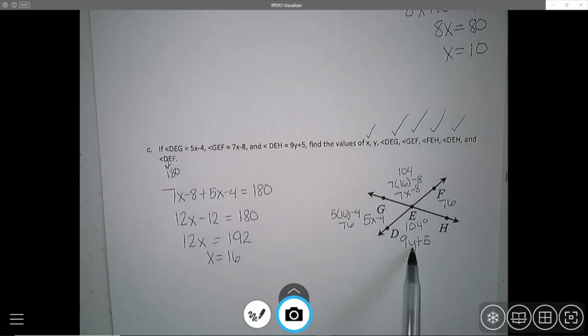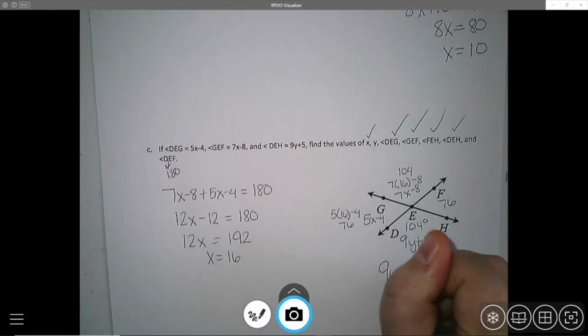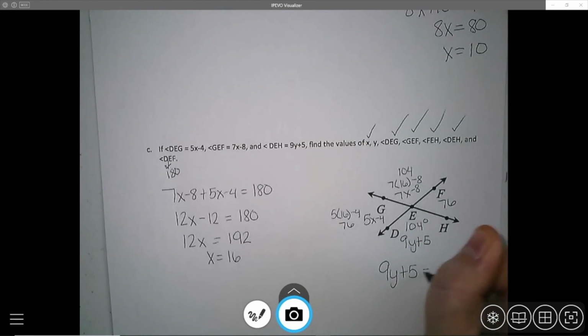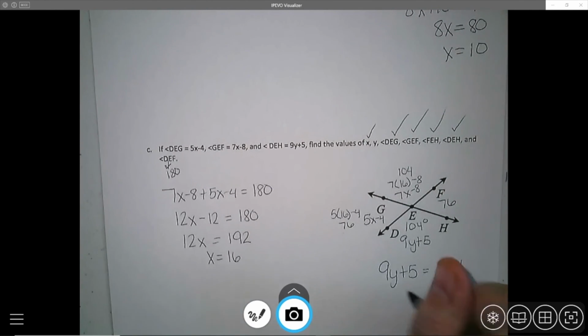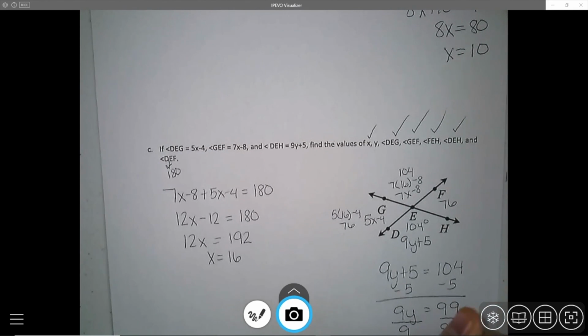At this spot, I have a 9y plus 5 and a 104. I'm going to set 9y plus 5 equal to 104. If two pieces of information are at the same spot, we set them equal to one another. Subtract 5. I get 9y to equal 99. Divide by 9. I get y to equal 11.